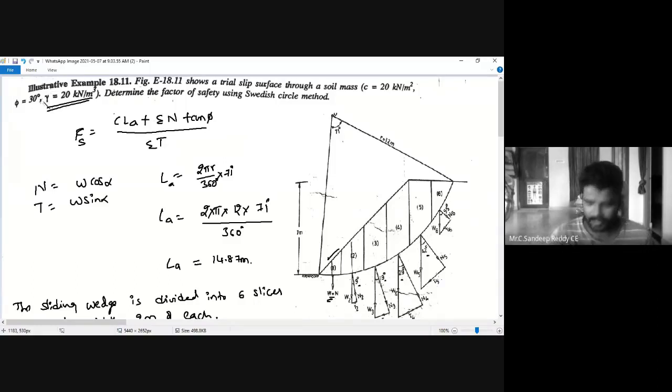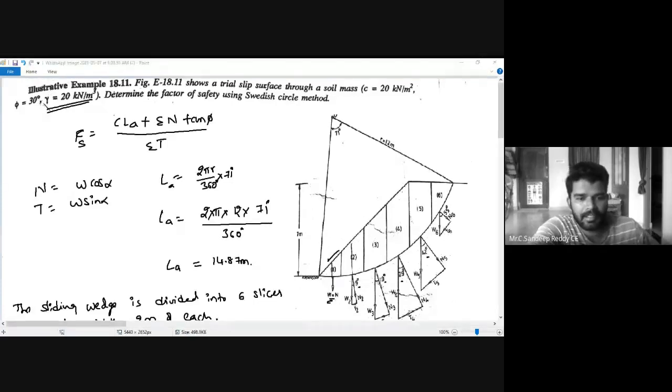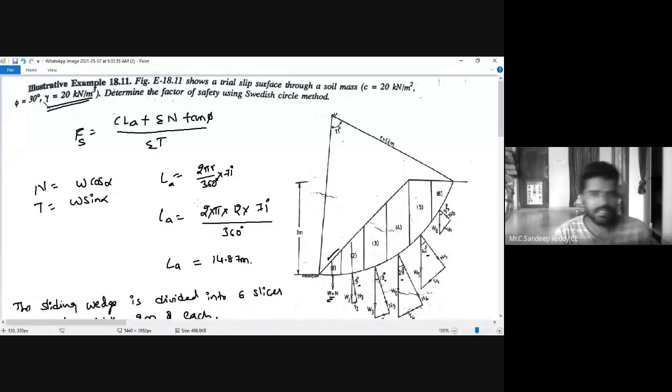Because in the equation we have written, Fs is equal to C into La plus summation of normal reactions into tan phi by summation of T, we have taken the summation directly here itself. Otherwise, you have to calculate it separately for each slice, and the summation of all the individual slice factors of safety gives you the total factor of safety of the soil slope. So let us write the same formula here.